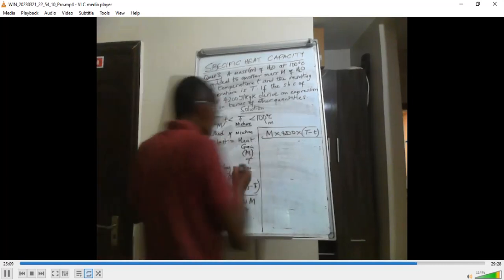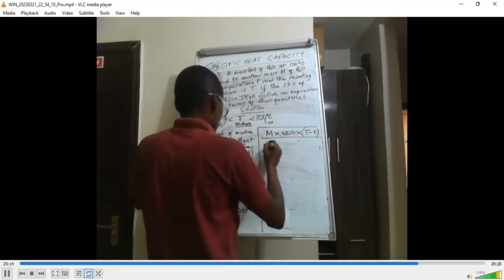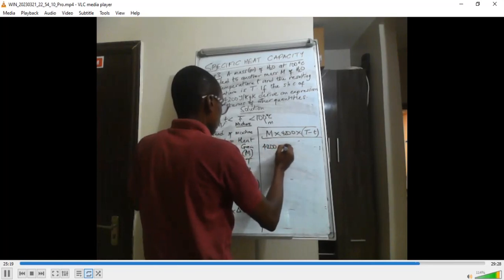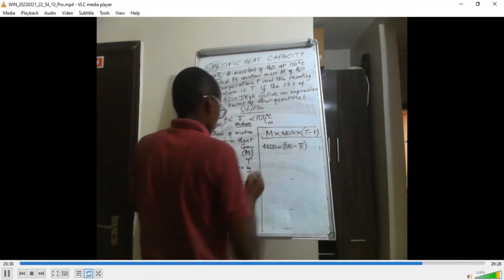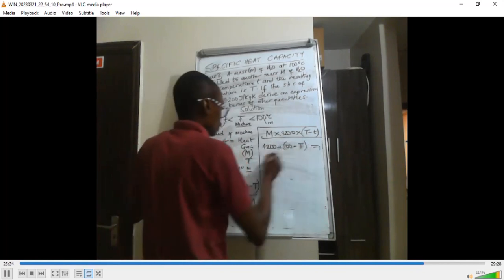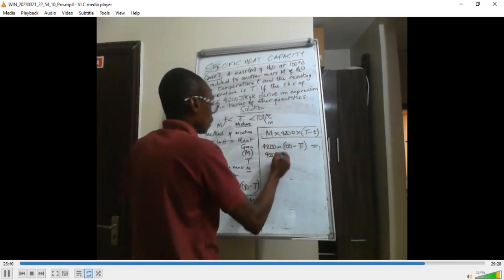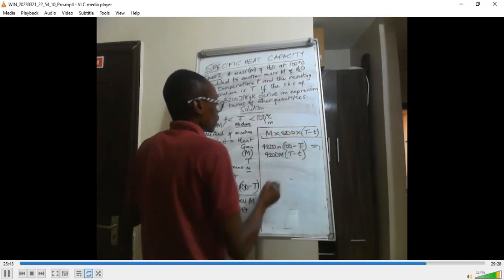So we're going to equate these two together according to the method of mixture. We have that 4,200 small m into 100 minus, sorry, 100 minus capital T, is equal to 4,200 capital M into capital T minus small t.